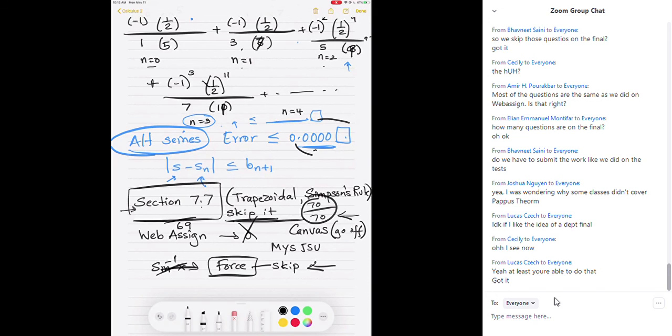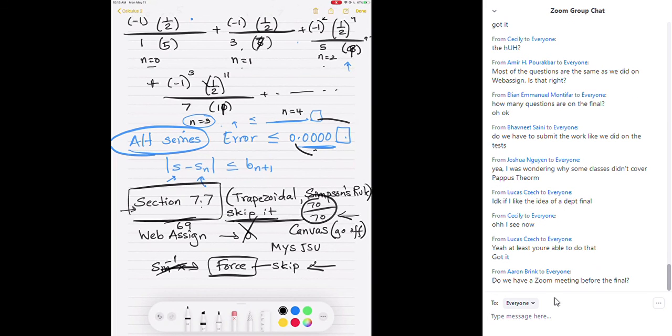I will be on there, so you can ask me via chat, and I can only reply to you if we have covered it or not. I cannot go beyond that. So I might be able to say, no, you should be able to do it. We've done it. So do not confuse it with the material that we haven't done. But I still wanted you to not be thrown off when you see words like trapezoid, Simpson's.